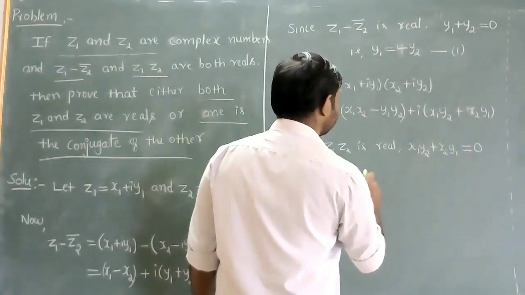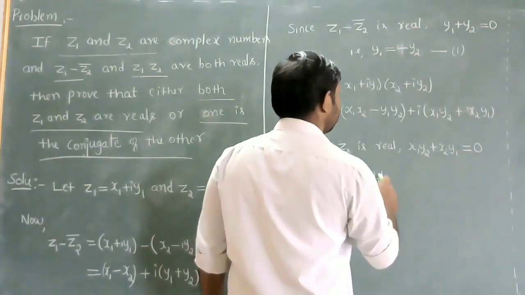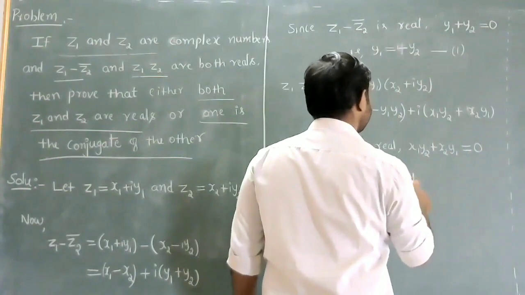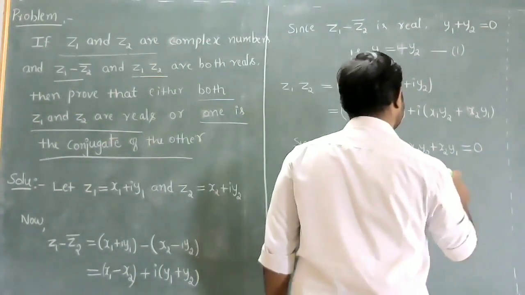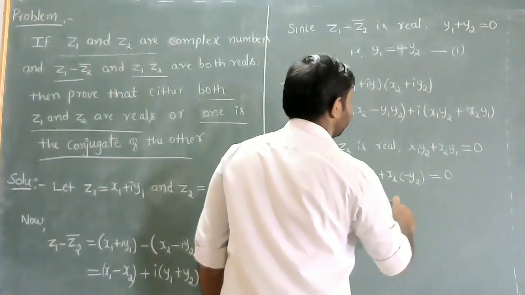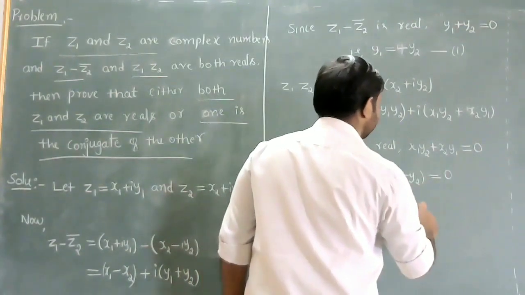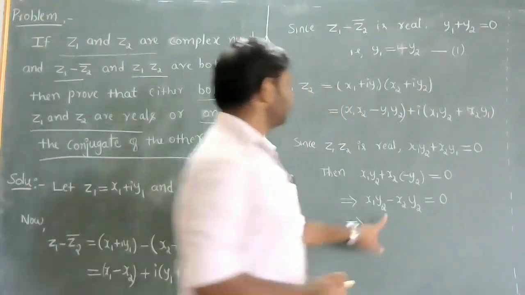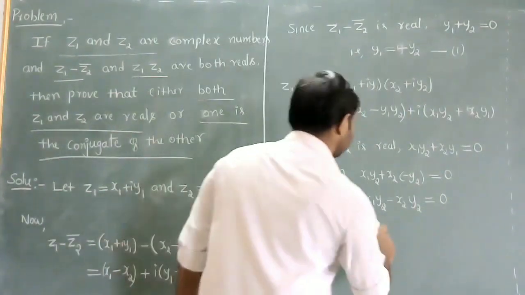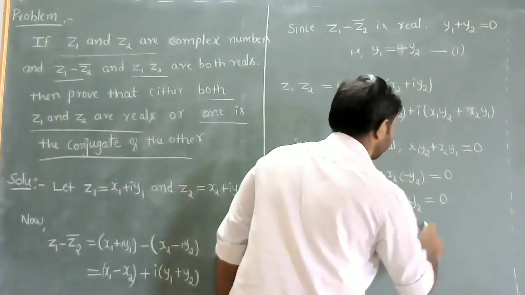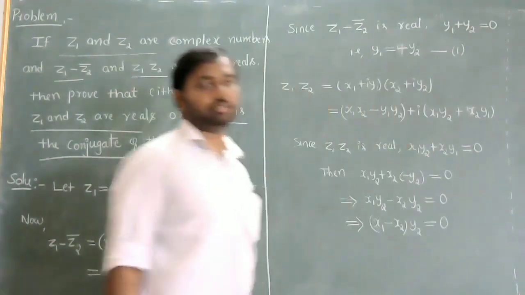So x1 y2 as it is, plus x2 into, in place of y1, I can write minus y2, which is equal to 0. That is x1 y2 minus x2 y2 is 0. Now, y2 is common. So, x1 minus x2 into y2 is equal to 0.